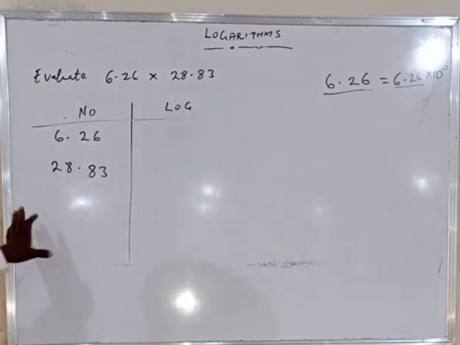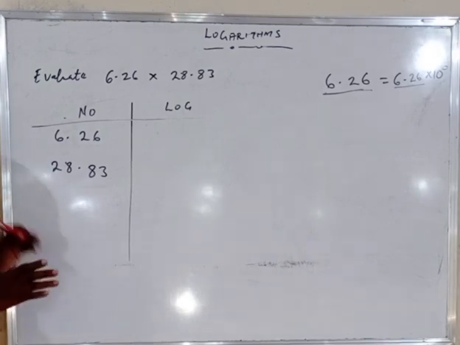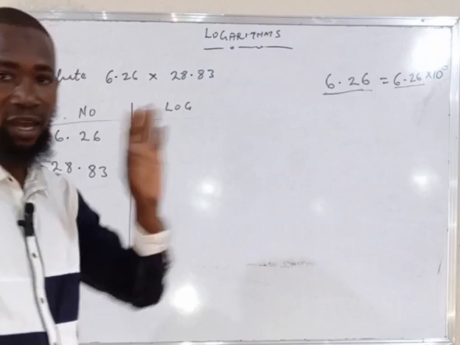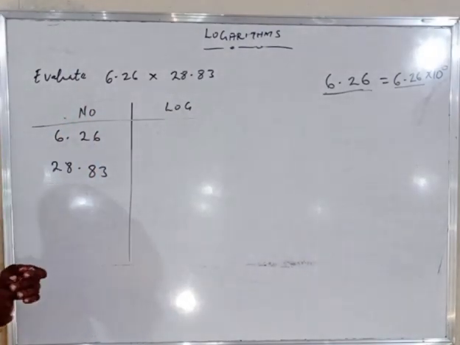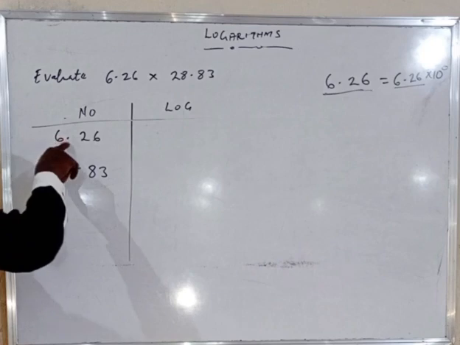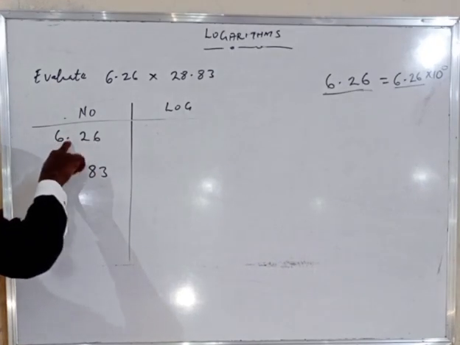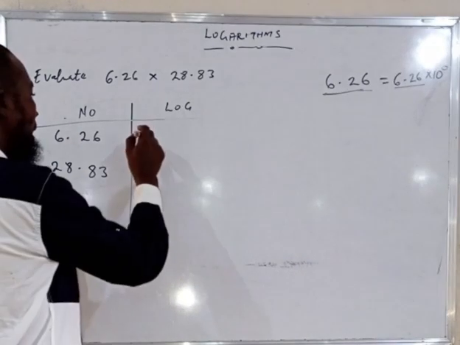That's what we call characteristic. So I will not be repeating standard form again. I will just say characteristic. What do we mean by characteristic? The decimal point has to be between 6 and 2. Do we move to this place before we have the decimal point here? No. So that shows our characteristic is 0.